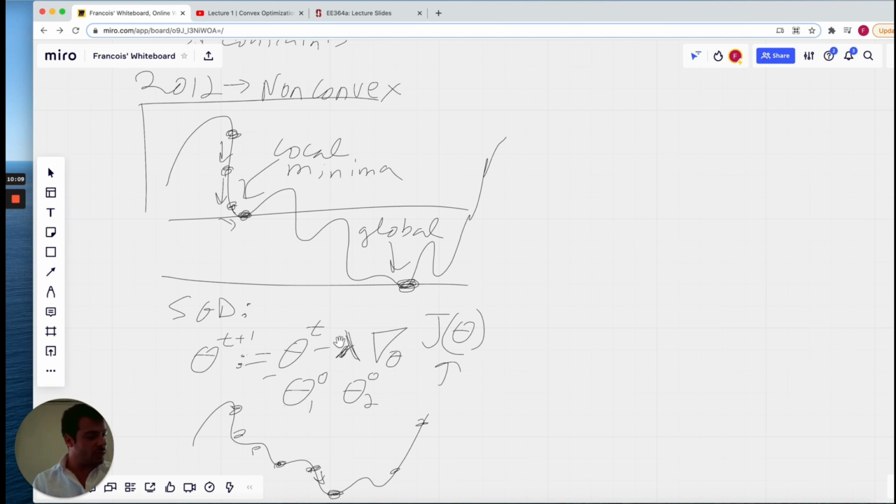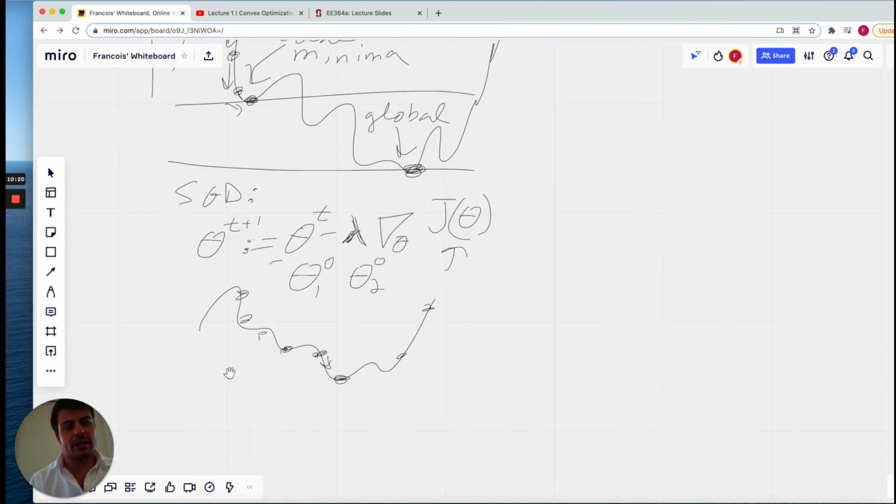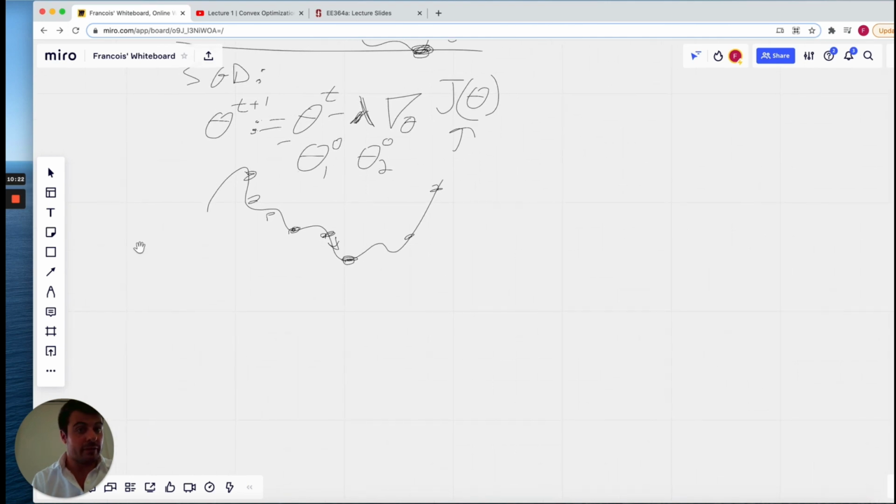The other thing I can do is change this function, J theta, so that it becomes more convex. We talked about this earlier, but it's very common for deep learning engineers to use something called cross entropy versus the L2 norm we talked about before. If I plot y minus y hat, that is a really rocky function because of this exponential.